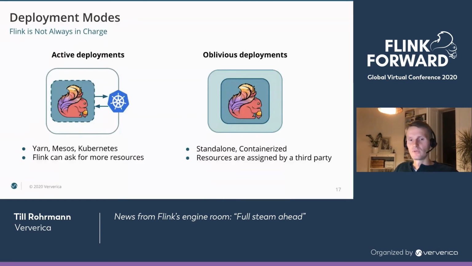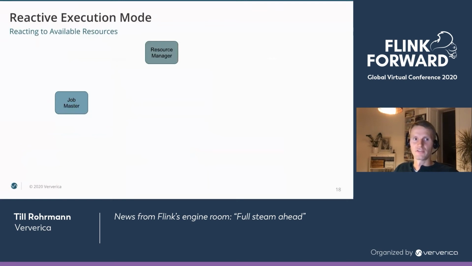So since we want to make these elastic streaming pipelines work in both deployment modes, what we at least have to support is that we can react to newly arriving resources and make use of them. And this basically gave birth to the idea of the so-called reactive execution mode. The reactive execution mode works the following way.